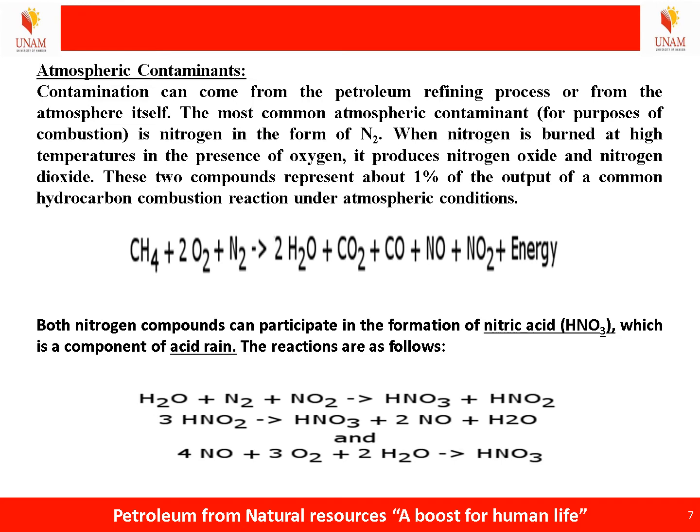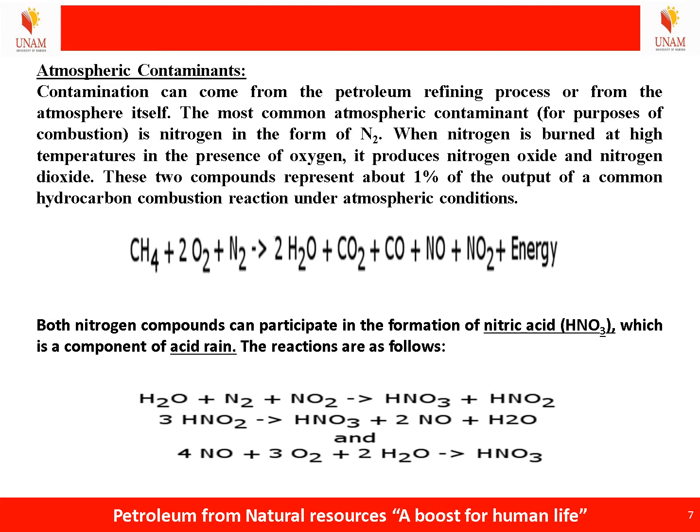N2 will be burned at high temperature in the presence of oxygen, which leads to the production of nitric oxide and nitrogen dioxide, and together these represent about 1% of the output of a common hydrocarbon combustion reaction under atmospheric conditions. So you have methane plus oxygen plus nitrogen, giving water plus carbon dioxide plus CO plus nitric oxide plus nitrogen dioxide plus energy.